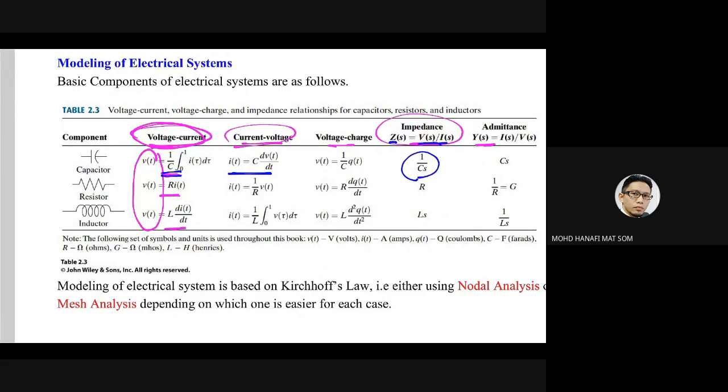In terms of a capacitor, we have 1 over CS. Okay, so this is the special one compared to the resistor and inductor. Resistor is only R, inductor is LS. Okay, Shafiq, okay? All right.